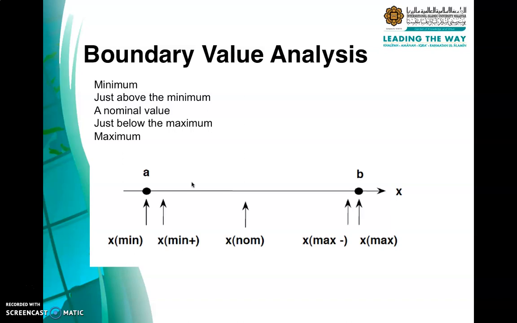design the test cases in such a way that we test the input value by considering the minimum value, or just above the minimum. Let's say the minimum value is 20, so just above the minimum is 21. Then a nominal value somewhere in between, and then just below the maximum and above the maximum.